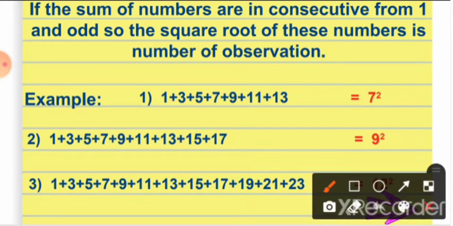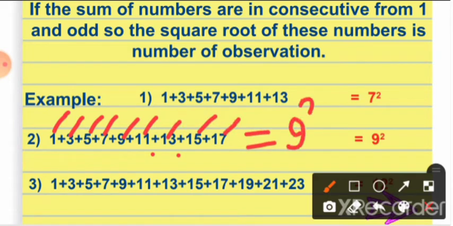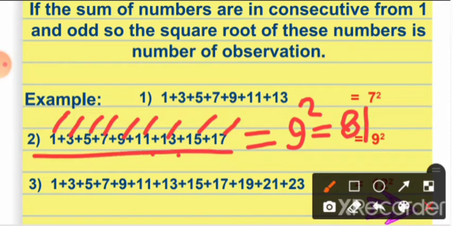Another example: 1, 3, 5, 7, 9, 11, 13, 15 and 17. Check the number of terms: total is 9. So you can write 9 square. 9 square means 81. That means the summation of all these odd numbers is equal to 81.